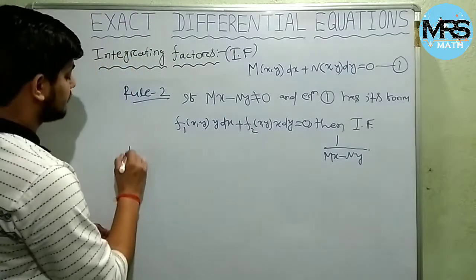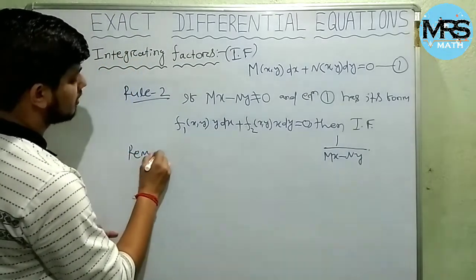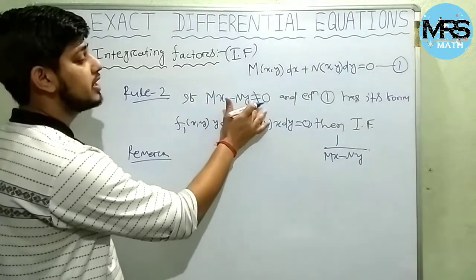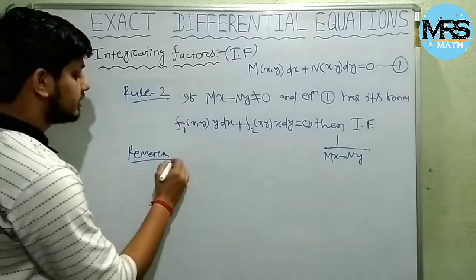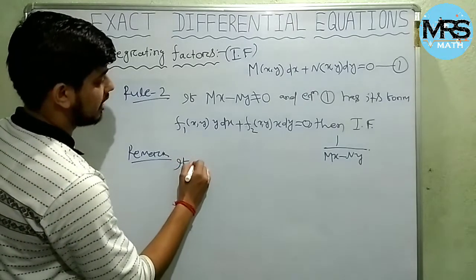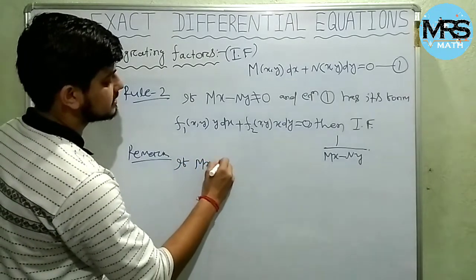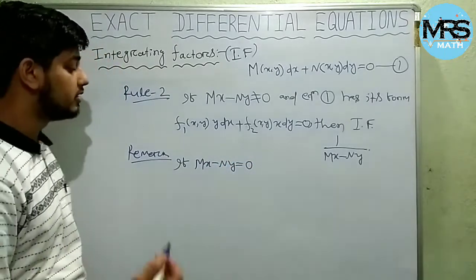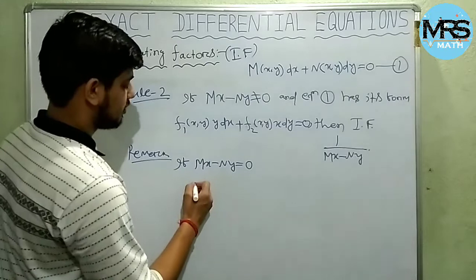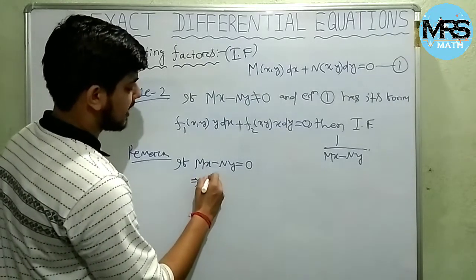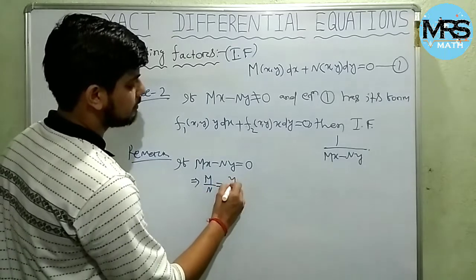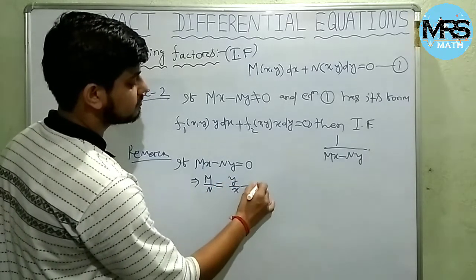Here also one remark is there, you can note down that here we have considered Mx minus Ny not equal to 0. Then if Mx minus Ny is equal to 0, what will it be in this case? You can see that M by N will be y by x.